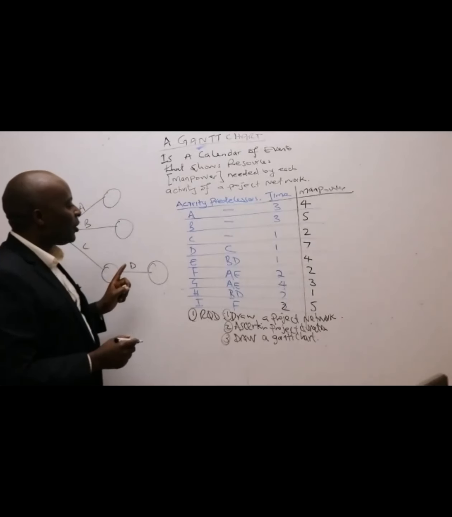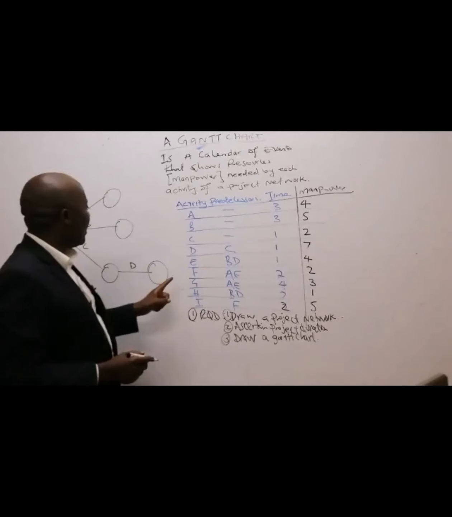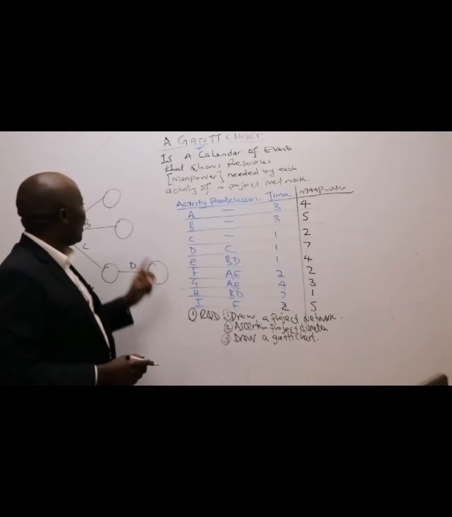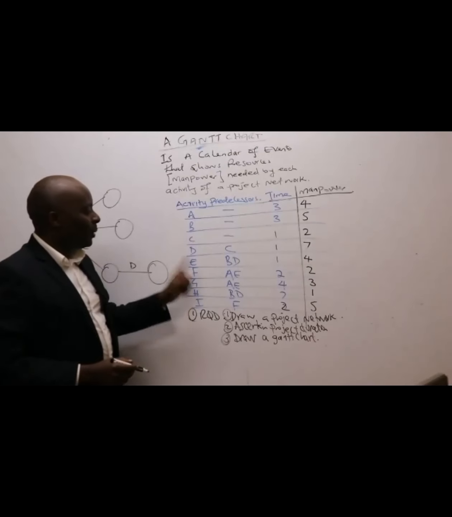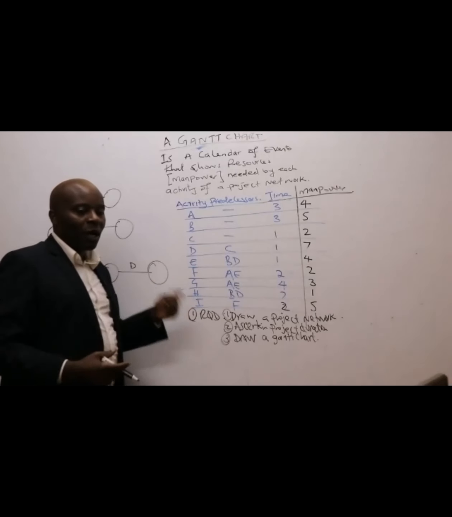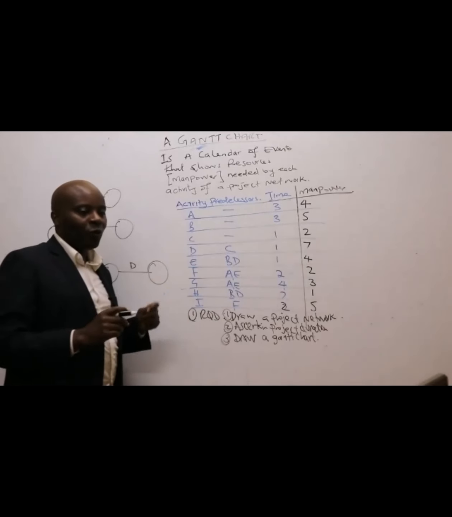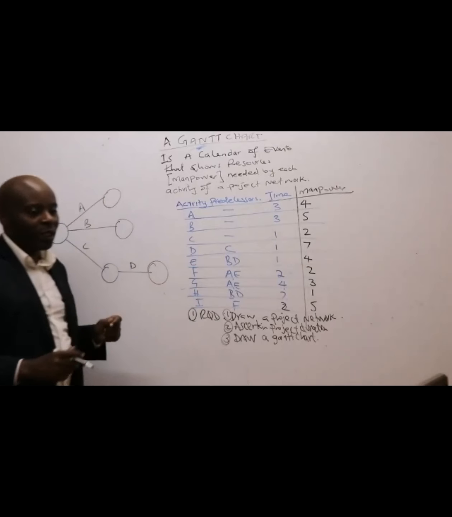After that, ladies and gentlemen, we have E. E is dependent on two activities. We have E, which is dependent on B and D. So what do you think we should do for this B and D to end together?